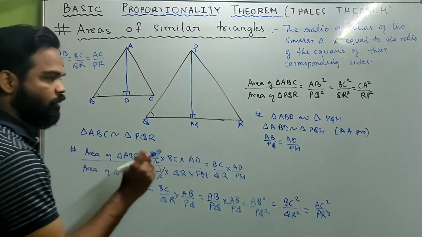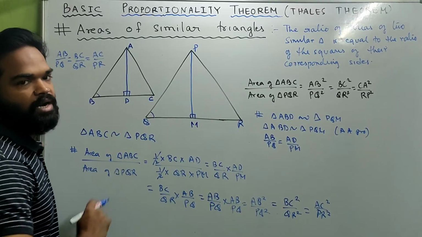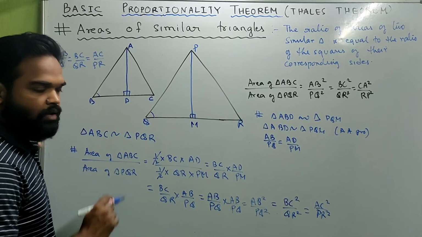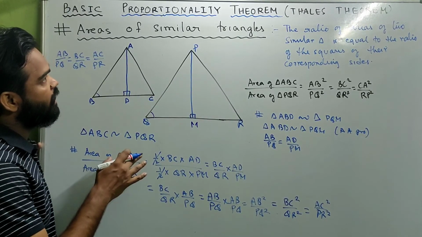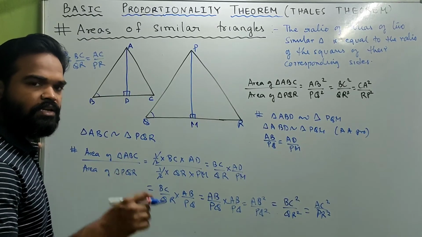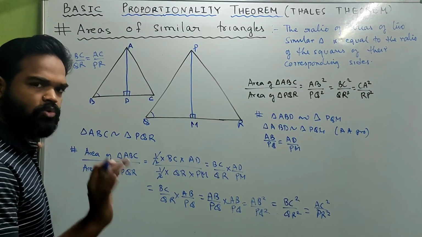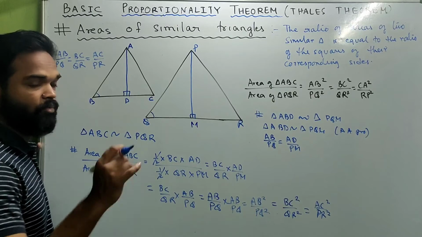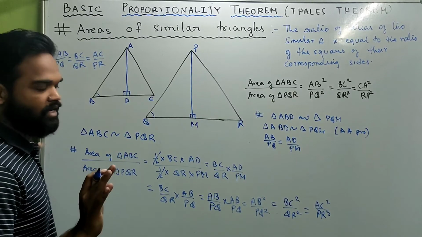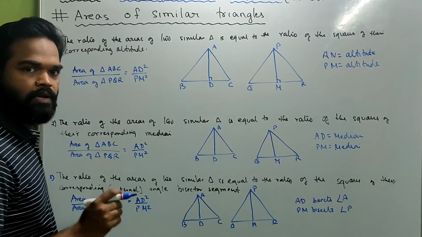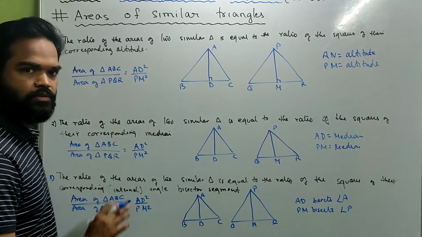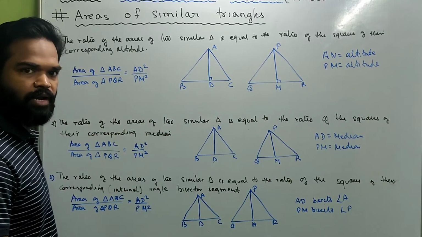So this is one of the most important results. Okay, now based on this, areas of similar triangles, how they are related, there are some more results. I'll show you those results before moving to the exercise. Clear? Now these are also the results of areas of similar triangles.